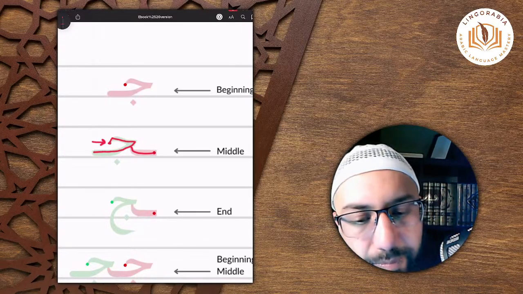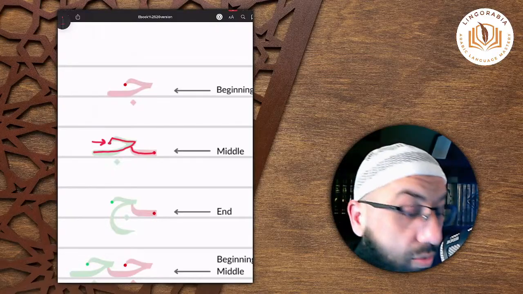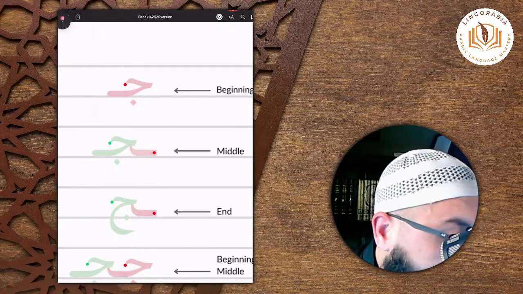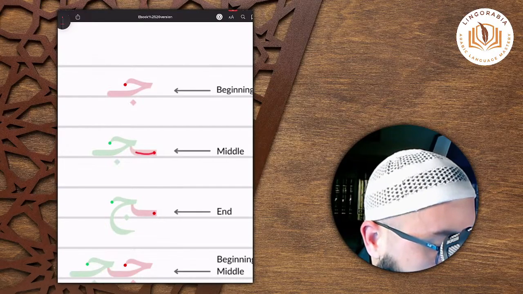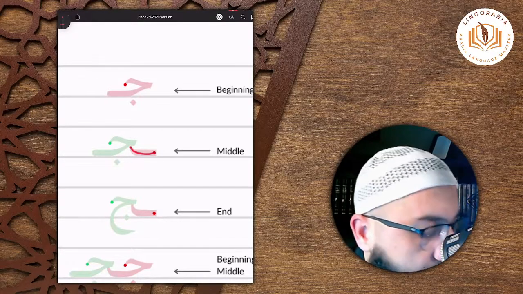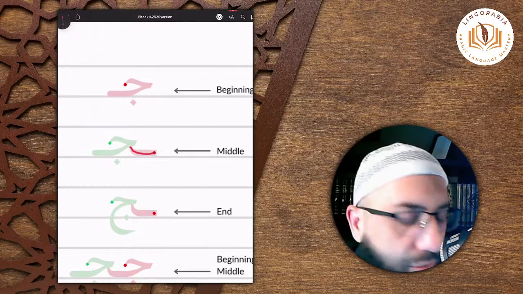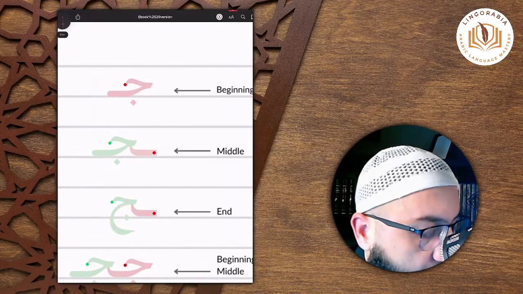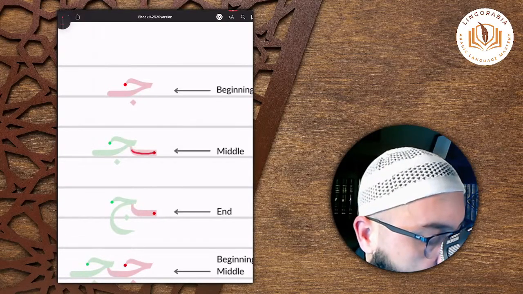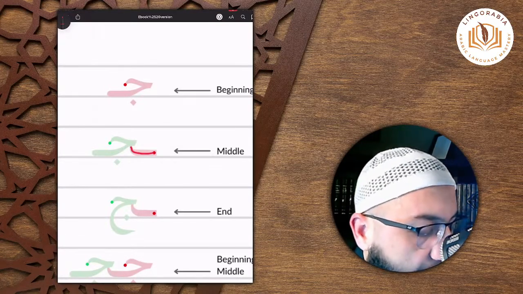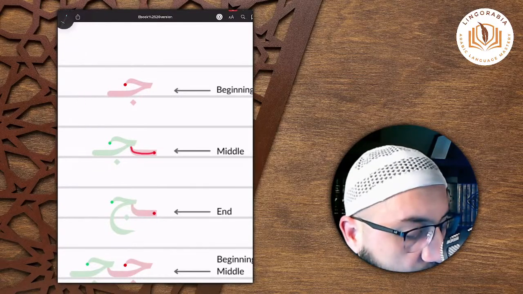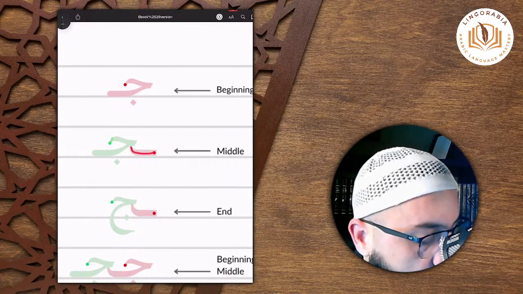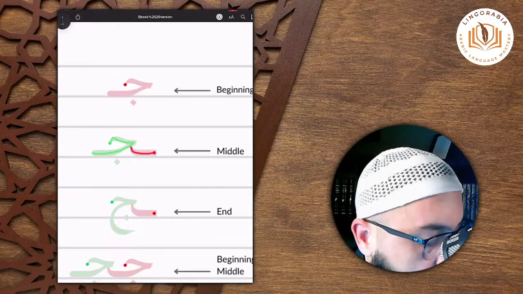This is a bit tricky. Watch out. Again, you start at the red dot and carry on until the end of the orange color. Then you stop, and you start at the green dot, and from here you write the jim.